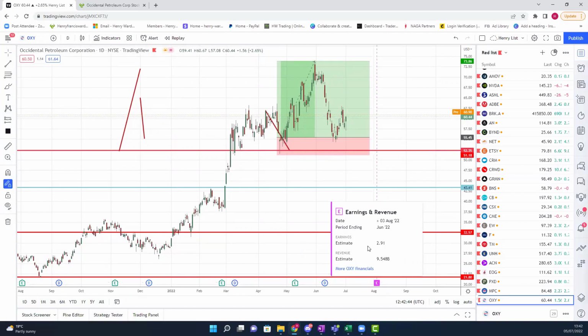Now, without doing any research on this, do we think the earnings should be good or should be bad? Should be brilliant.